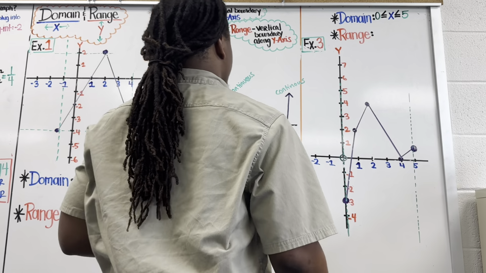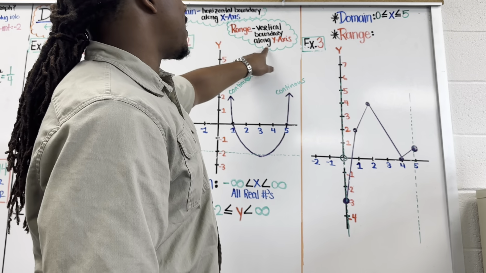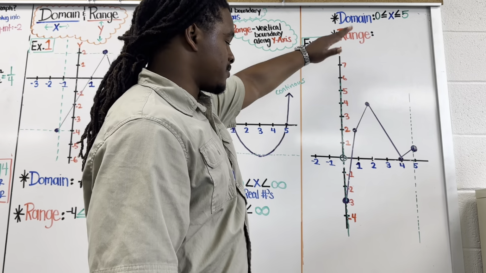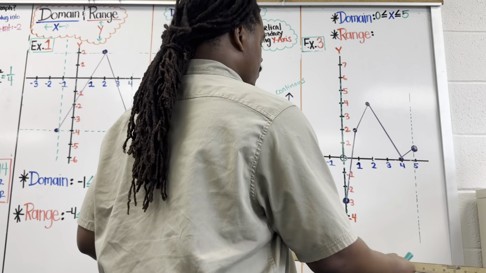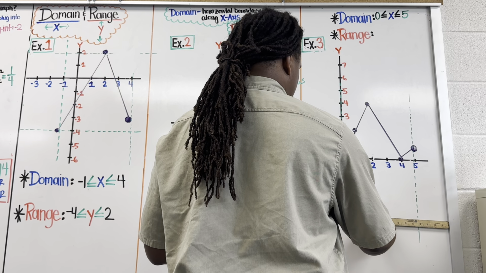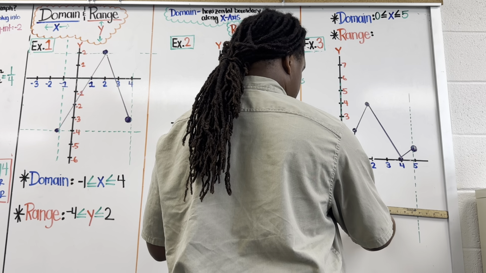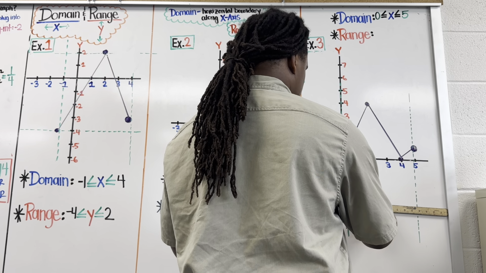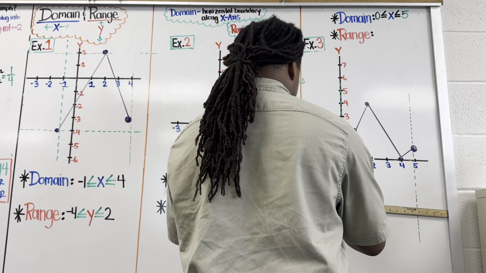Now remember, range is the vertical boundary along the y-axis. So I'm trying to find out what is the lowest y value y can actually be. As I move it up, the lowest y is at y equals -3.